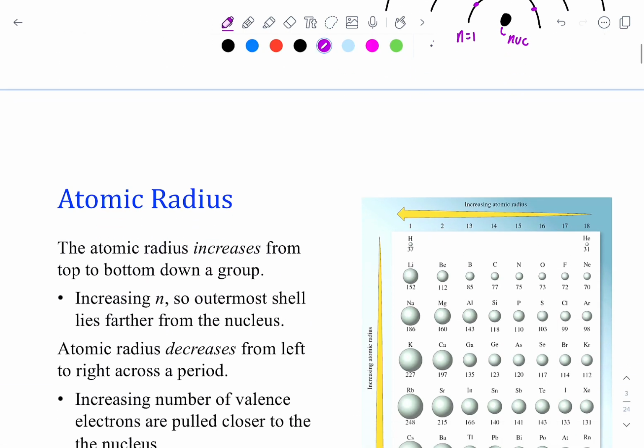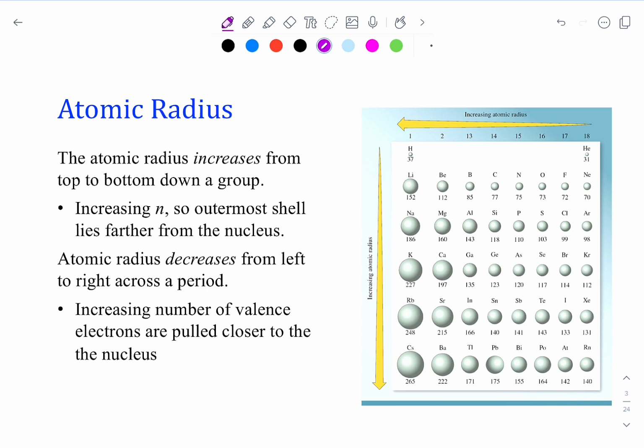Okay. So the first thing we want to talk about is the radius of each atom. The atomic radius increases from top to bottom down a group. So let's look at one of our groups here in our image. Here's group 1, so I'm going to start with group 1. And we see that the radius of these atoms increases as we go down the group.